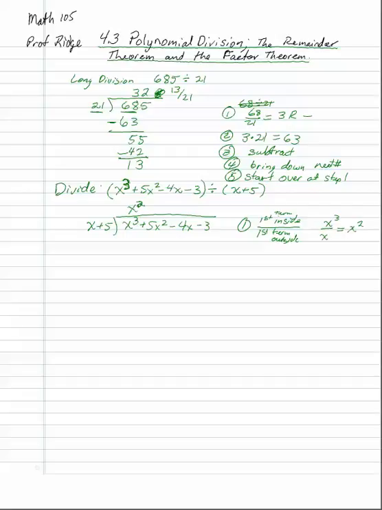And then we're going to multiply, so I'm going to mimic the steps I did with the numbers. So step 2 is I'm going to take the result from step 1 and multiply by the divisor.